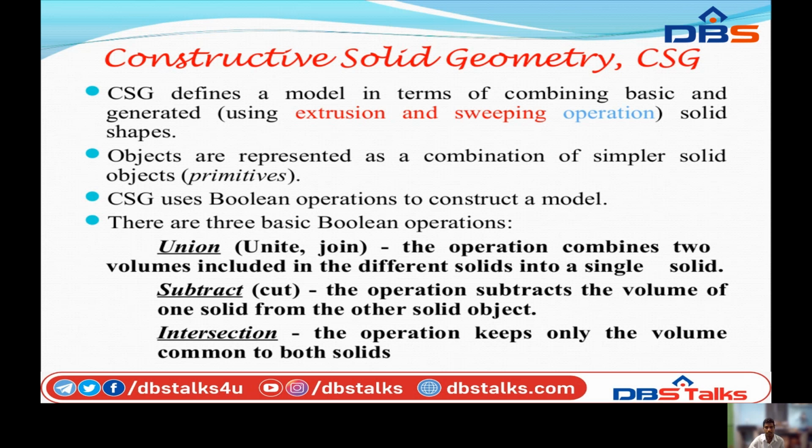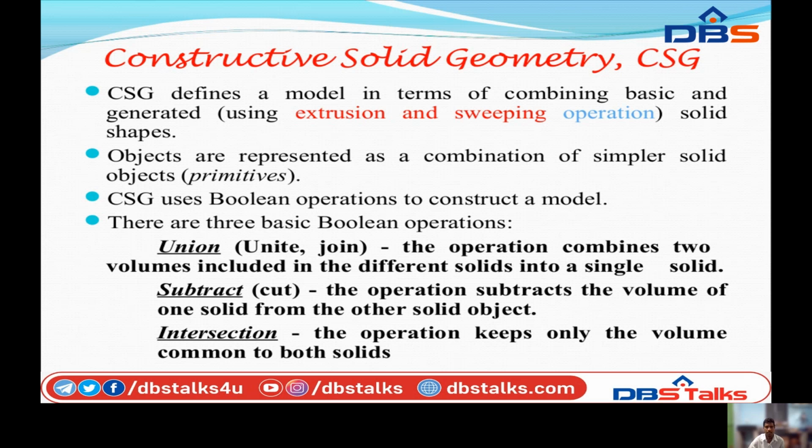In comparing constructive solid geometry with boundary representation, in CSG we use Boolean operations, and in boundary representation we use Euler operations. First of all, I'm discussing constructive solid geometry, where the Boolean operations are union, subtraction, and intersection.